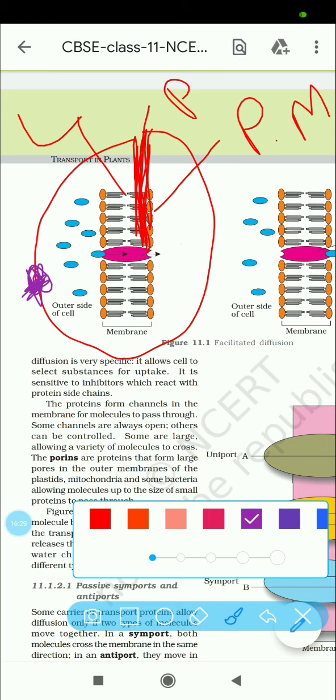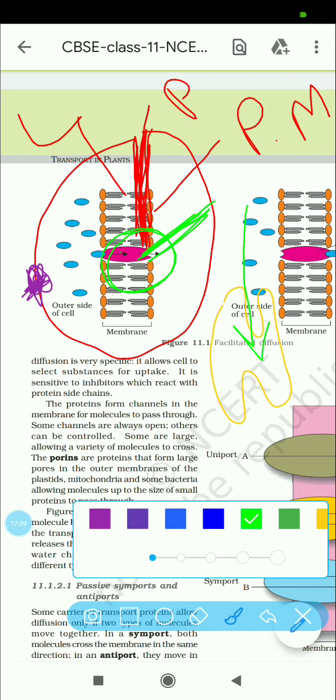They have to be moved along this pink part, or this green line I am drawing. They are supposed to pass through this part. You can also see the arrow over here. If you look at the structure of these proteins, it is something like this. A substance can move through this part, so it works as a channel.